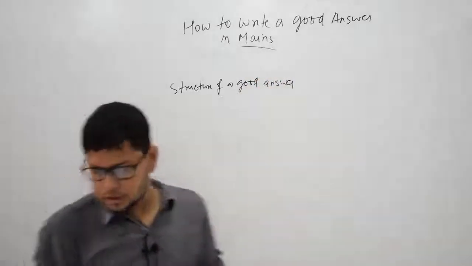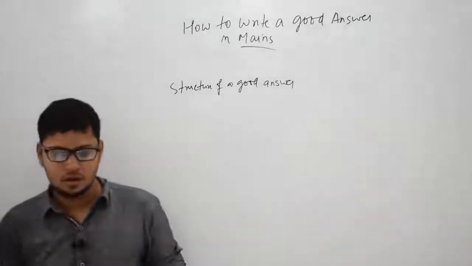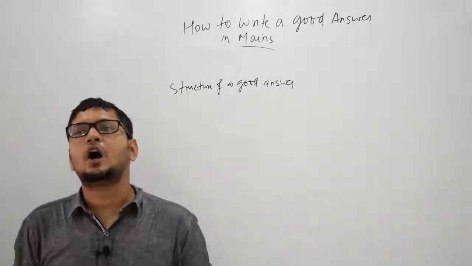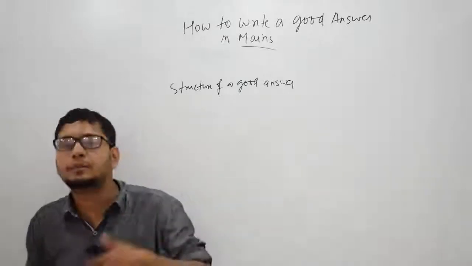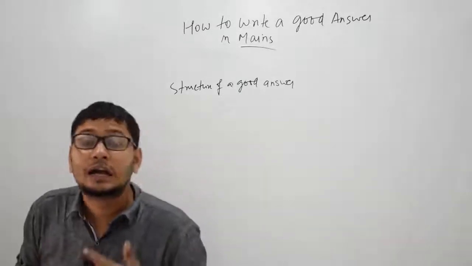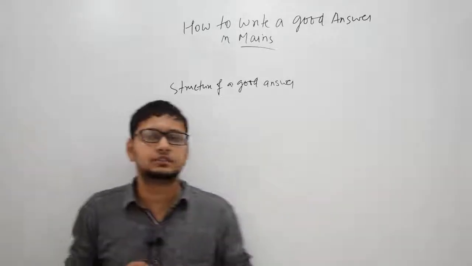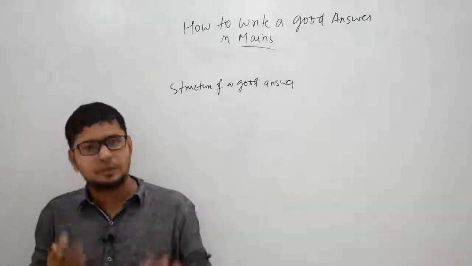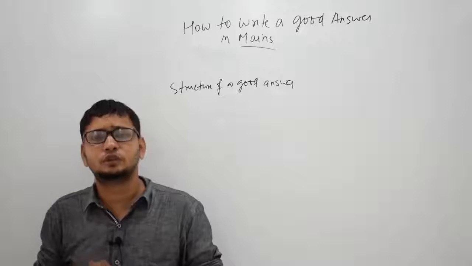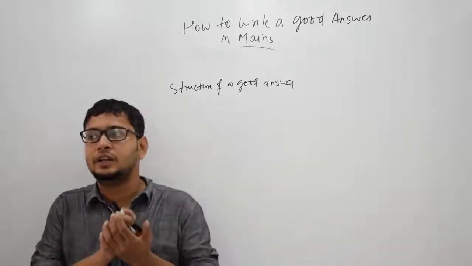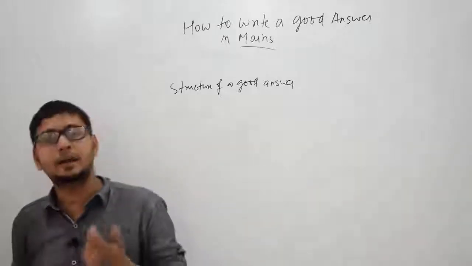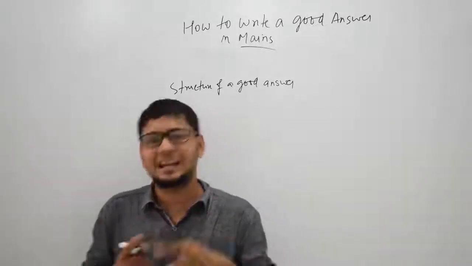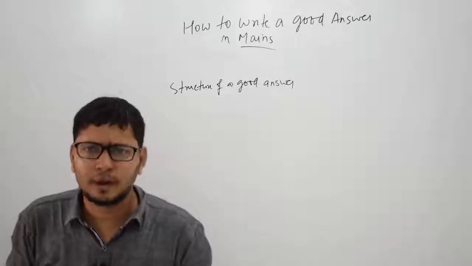When we talk of structure, it means how the introduction should be, how the main body should be, how the conclusion should be. A lot of answers which I check have this problem: they write philosophical things in the introduction, a 1-page introduction, and then you have less space for the main body. So the introduction should be crisp, 1 paragraph maximum.